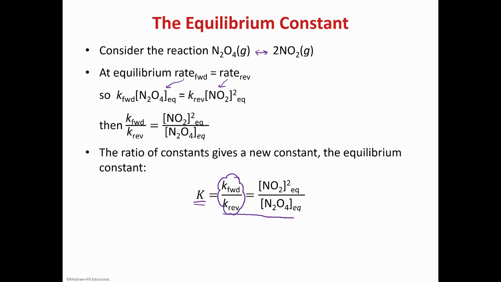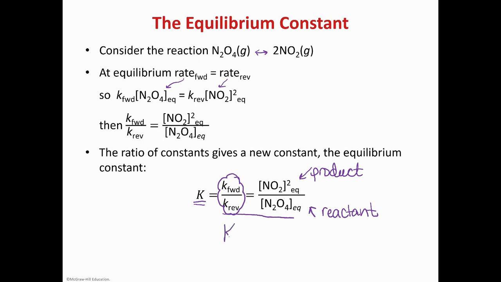This is always the ratio of product over reactant. And in a moment, we'll talk about the rules for writing this expression. So we'll get to that in just a second. Now, this particular K is expressed in terms of concentration.